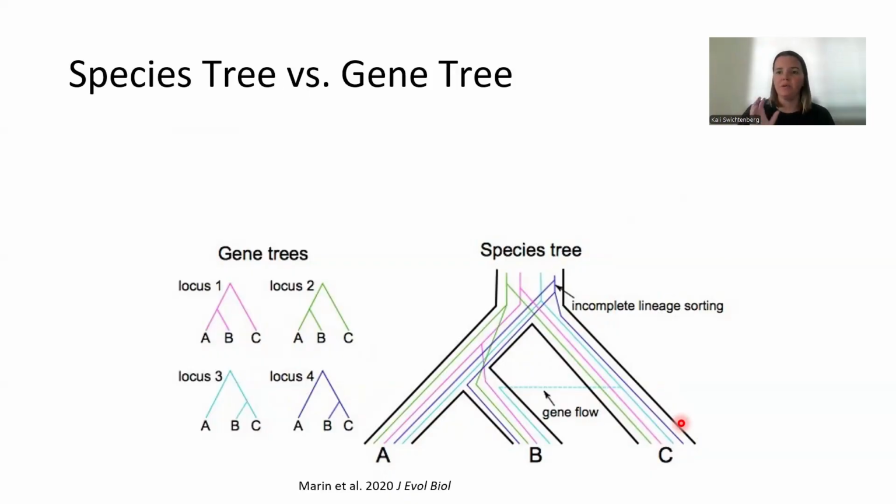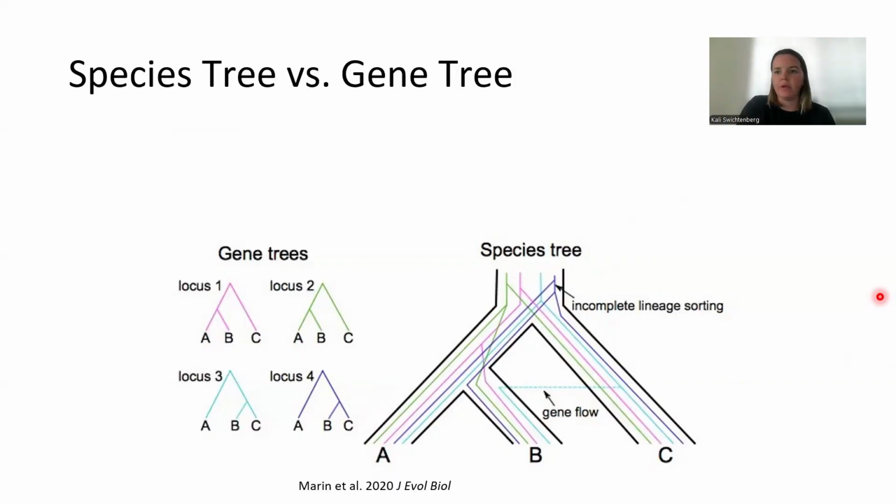You are going to be building individual gene trees, and then we are going to be comparing them to a schematic of a species tree. So we're not 100% sure what the species tree is for our metamonads. That is an ongoing research project, but we can make our best guesses. And hopefully in the near future, we will have a good species tree for metamonads that we can compare our gene trees to.